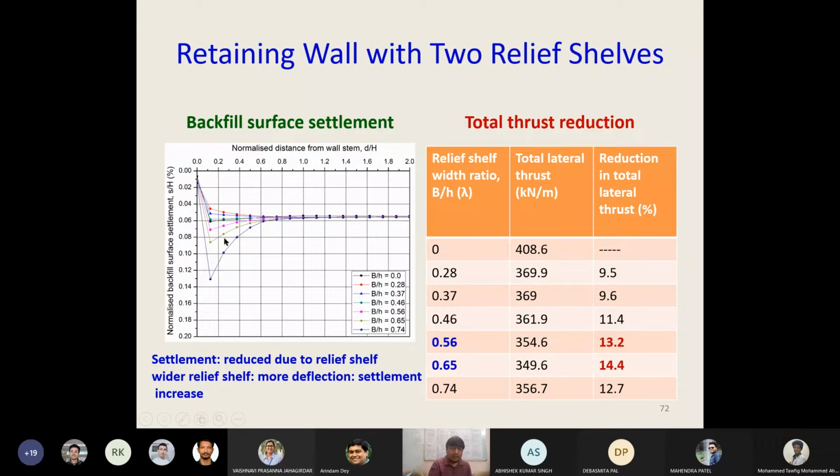So that's why after an appropriate width, this again participates in a substantial amount of backfill surface settlement near the wall. However, in all cases, we noted that after a certain distance, this is similar to the without relief shelf case. So although the two relief shelves were able to reduce the total lateral earth thrust on the wall, this was not appreciable.